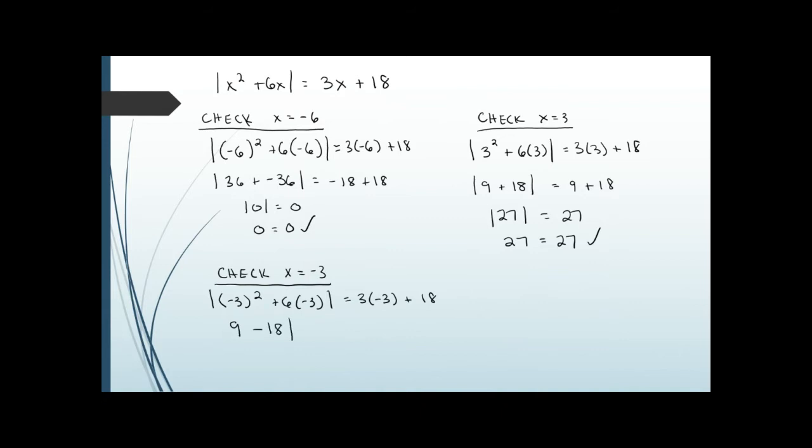So I have 9 minus 18. Close the absolute value, equals 3 times negative 3 is negative 9 plus 18. So now inside my absolute value, 9 minus 18 is negative 9. So I have the absolute value of negative 9 equals, and then negative 9 plus 18 gives me positive 9. Now the absolute value of a negative is positive. So when I take the absolute value of negative 9, I get 9. 9 is equal to 9, and that one also works out.